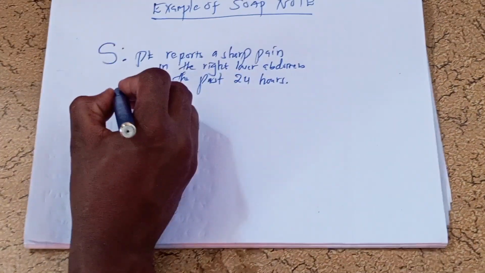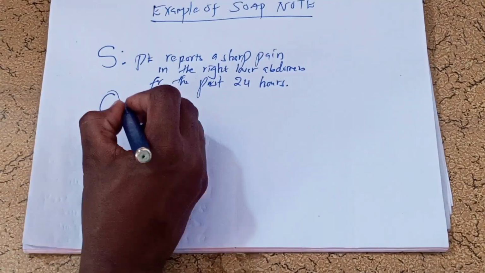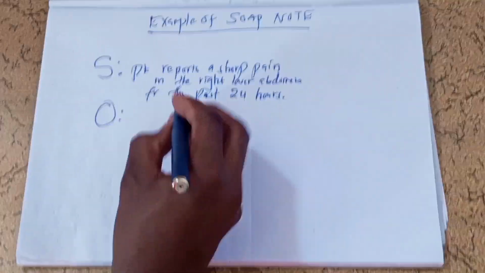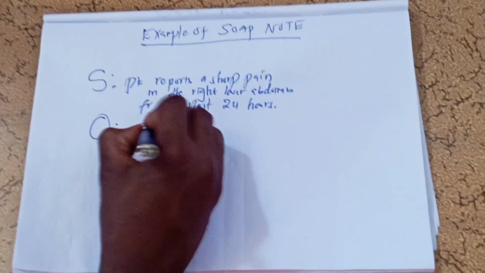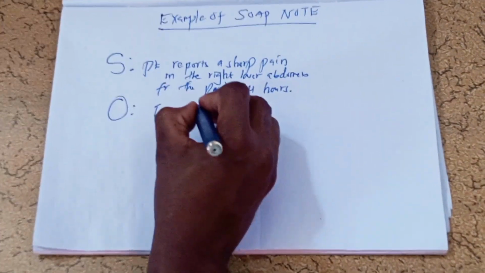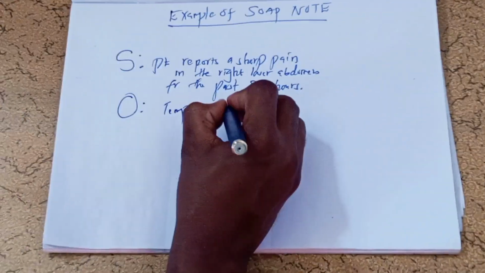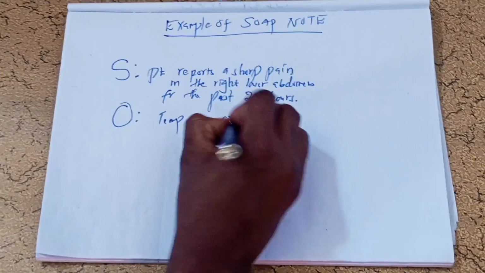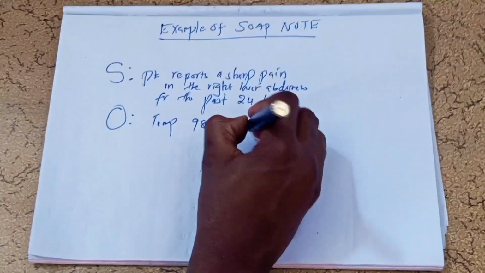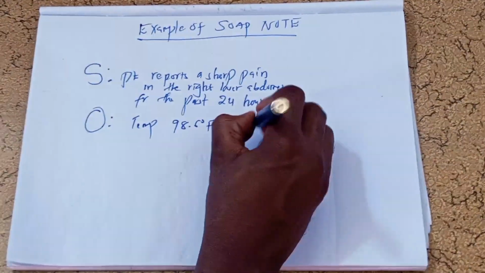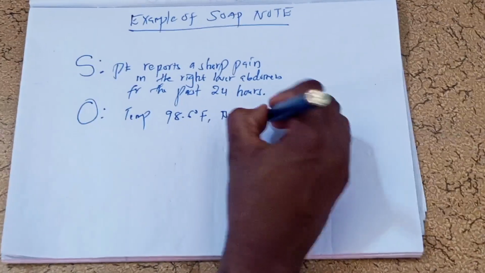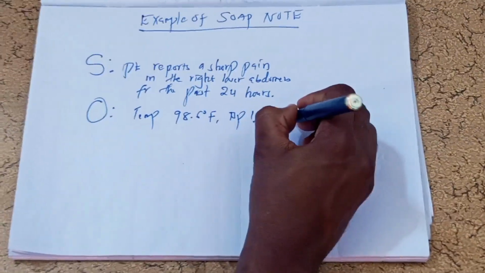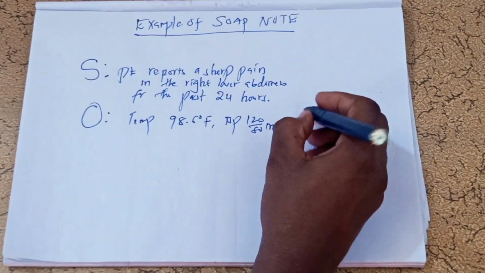We also have objective. In the objective, this is where you are going to observe the vital signs. For example, we have temperature 98.6 degrees Fahrenheit, and blood pressure 120 over 80 mmHg.